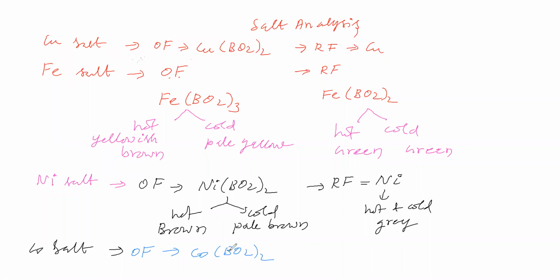Cobalt +3 is stable in complex salts. So for cobalt, in simple salts +2 has higher stability, and in complex salts +3 has higher stability.